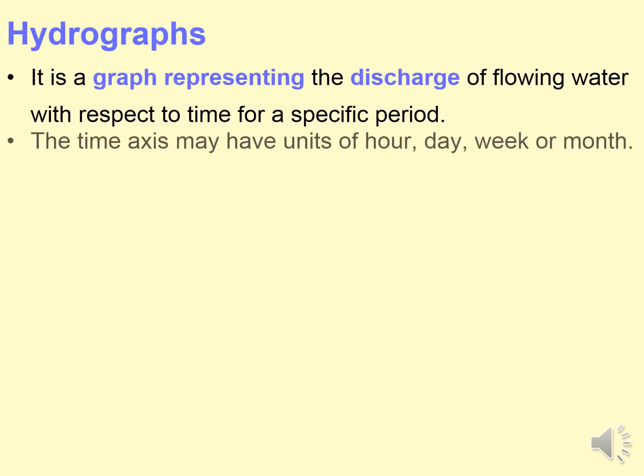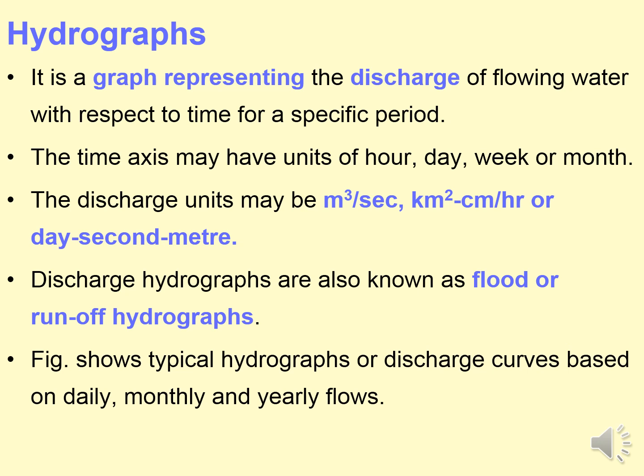So hydrographs. So what is a hydrograph? It is a graph representing discharge of flowing water with respect to time for a specific period. Time may be in terms of hour, day, week or a month.